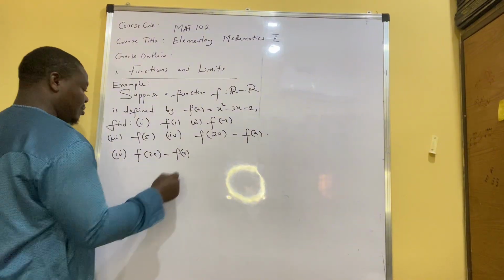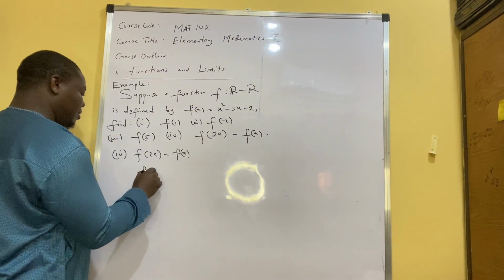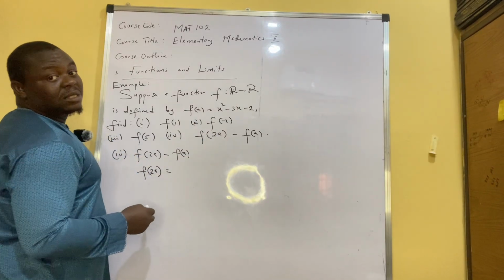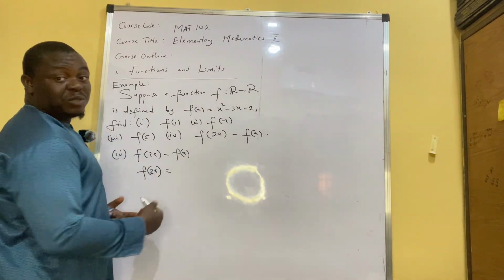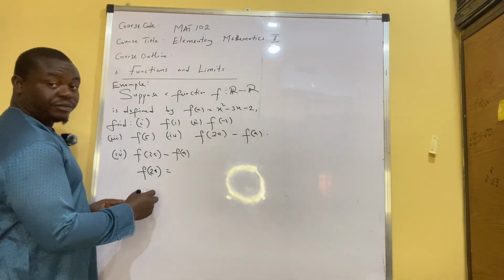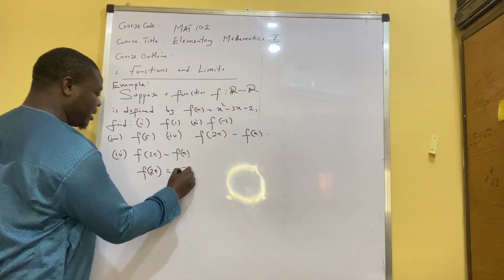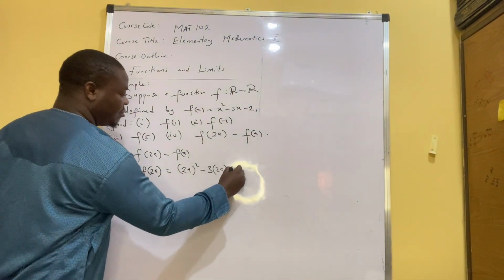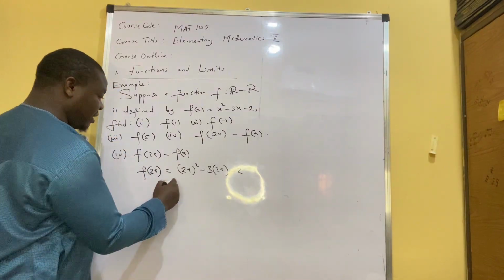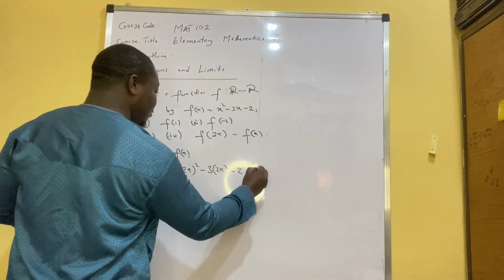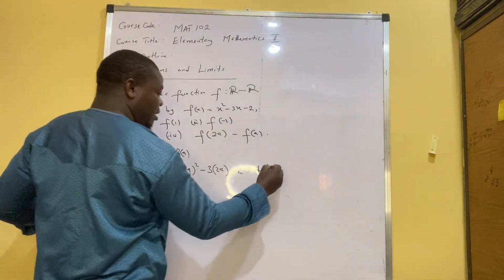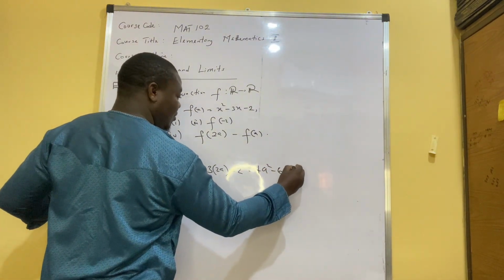Okay, so let's do f of 2a first. So whenever we see x, we replace with 2a. Okay, so we have 2a squared minus 3 times 2a minus 2. Simplifying this, we're going to have 4a squared, that's the result for 2a squared, and then minus 6a minus 2.